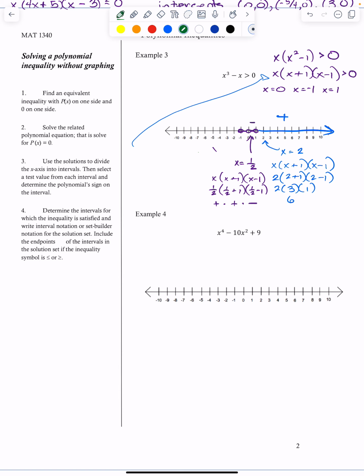So let's do the same thing with -1/2. I get -1/2 times (-1/2 plus 1) times (-1/2 minus 1). This is negative. This is positive. This is negative. A negative times a negative gives me a positive. So I know this little interval right here is positive.